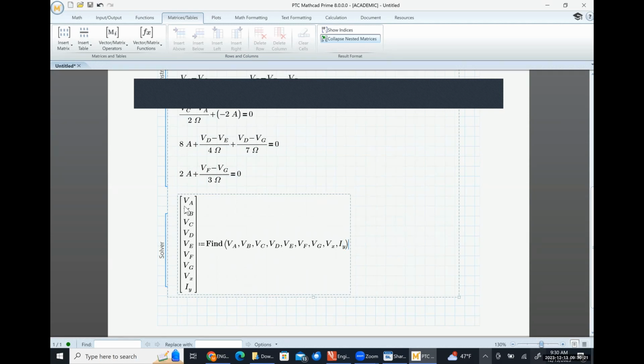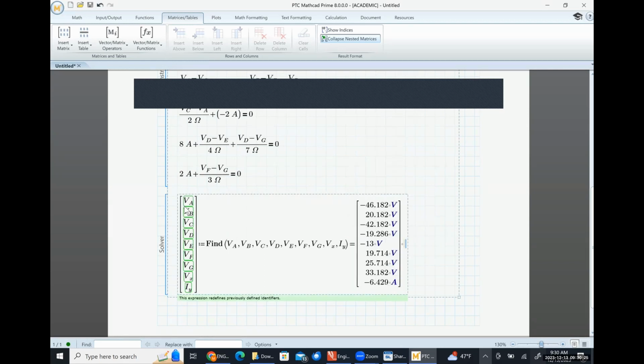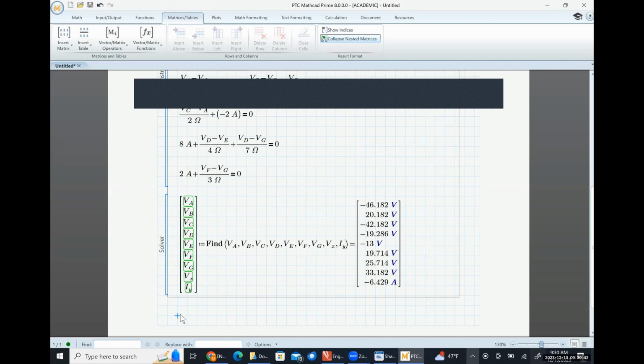And now I'm going to use the normal equal sign. And it takes it a minute, it thinks about it, and then gives me all the results. Okay. So let me talk about what the purpose of that matrix is. Effectively, I am storing all of these variables in this matrix so that I can use them outside of my solve block. So for example, if we wanted to determine, let me go back to the circuit diagram here.